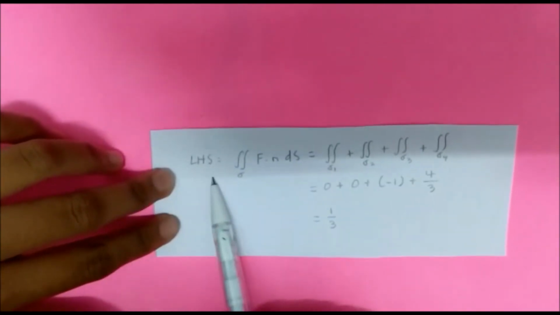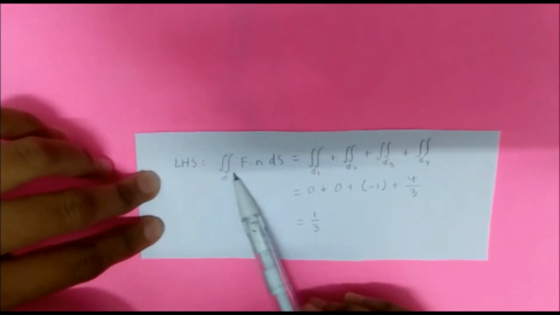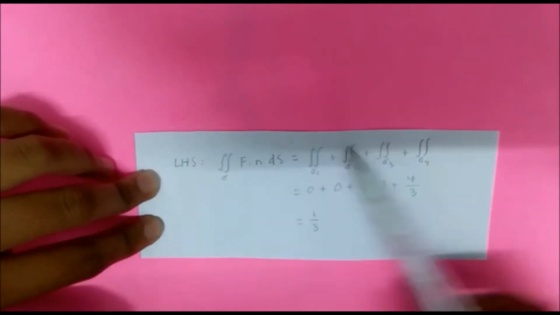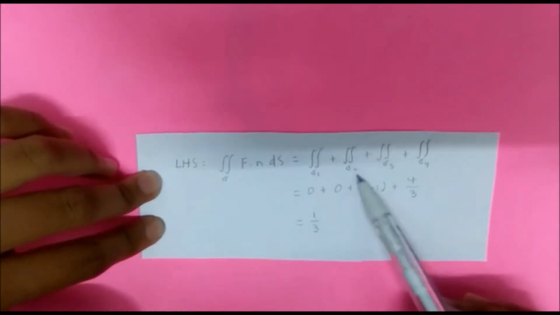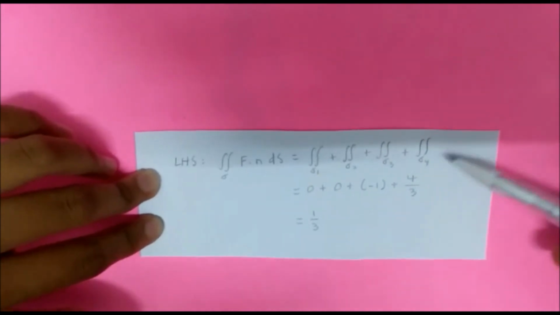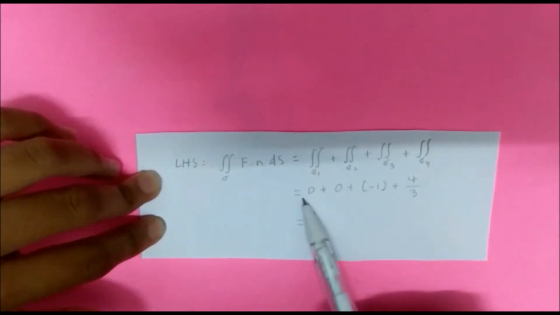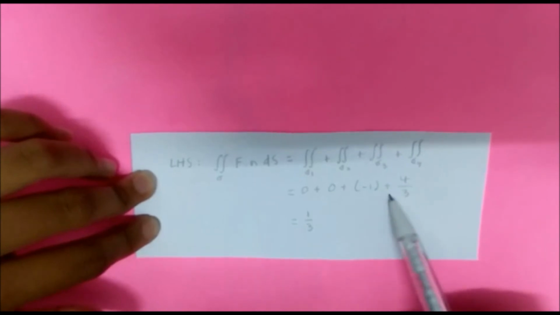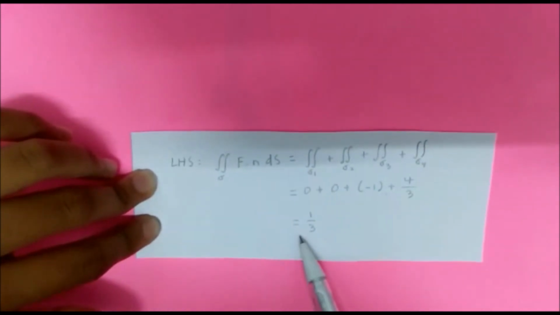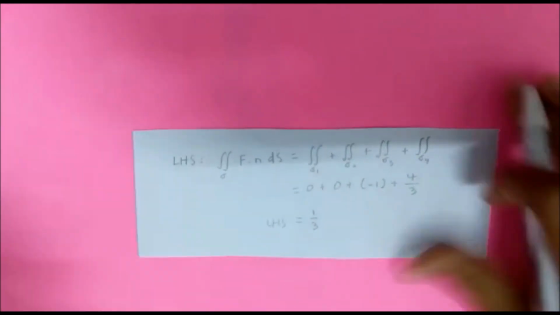First, for LHS, we need to sum the double integral of plane 1 plus plane 2 plus plane 3 plus plane 4. We got 0, 0, -1 and 4/3. So we got the answer for LHS is 1/3.